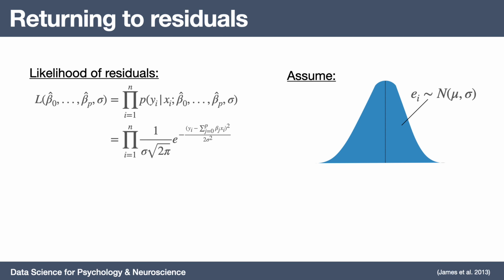So the likelihood of your data, your y, being produced by your inputs x and a model with regression coefficients beta naught, beta 1, beta 2, all the way up to beta p, and some internal variance sigma, can be described as the product of these Gaussian errors.